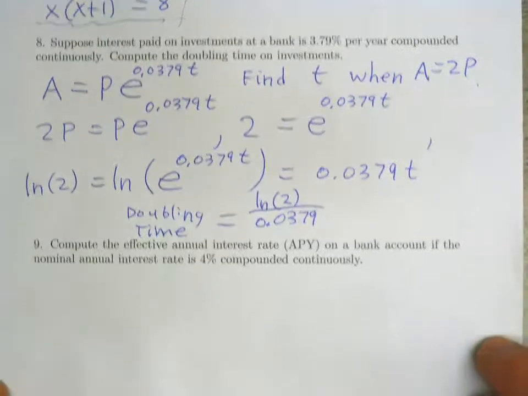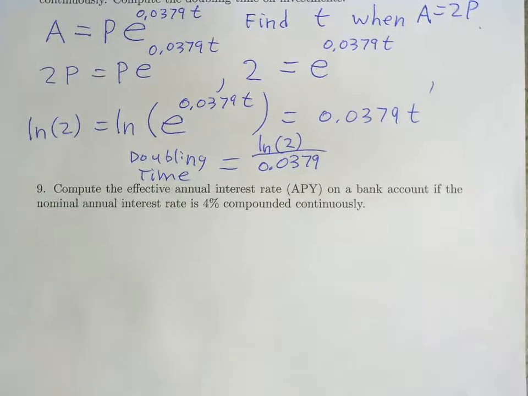Okay, the next problem, compute the effective annual interest rate, called the APY, on a bank account if the nominal annual interest rate is 4% compounded continuously.